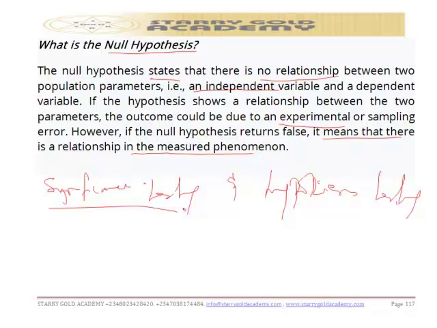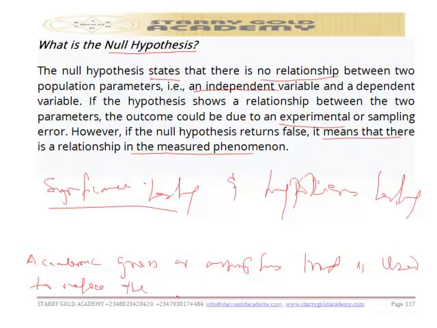And before I even go further, I need to let you know what we mean by hypothesis itself. Hypothesis is an academic guess or assumption that is used to reduce the research problem to a testable format.